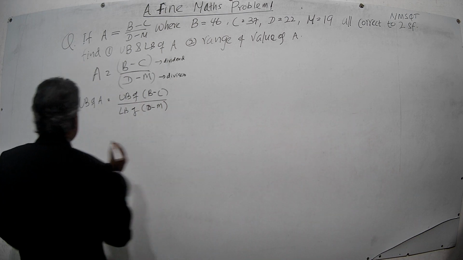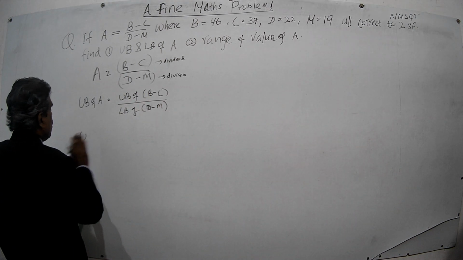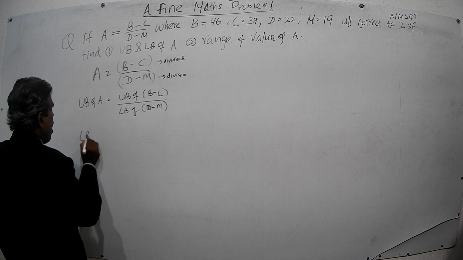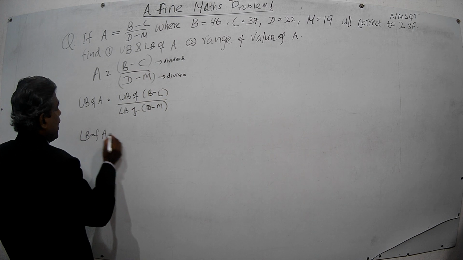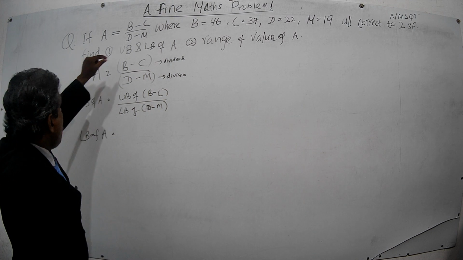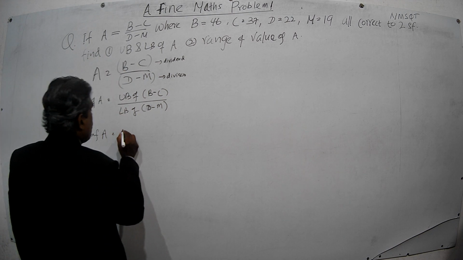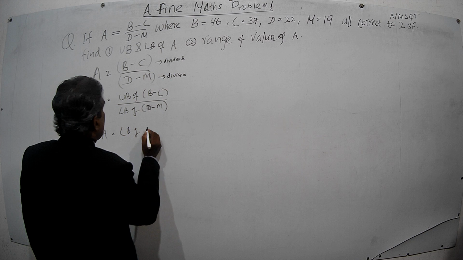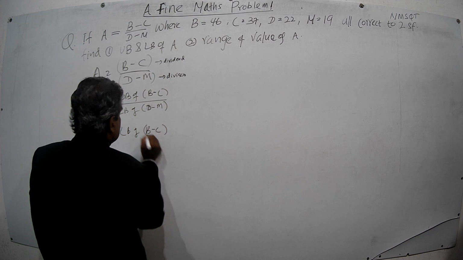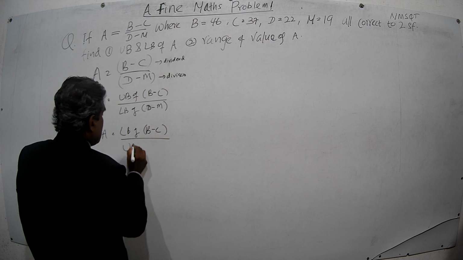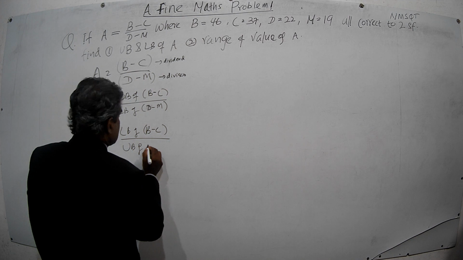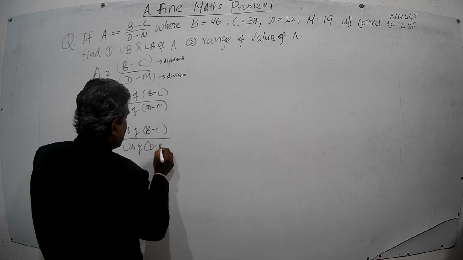Therefore, lower bound of A equals lower bound of (B minus C) divided by upper bound of the divisor, that is, D minus M.